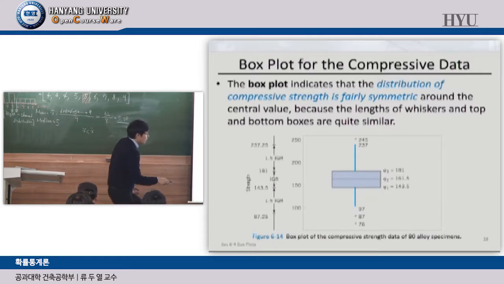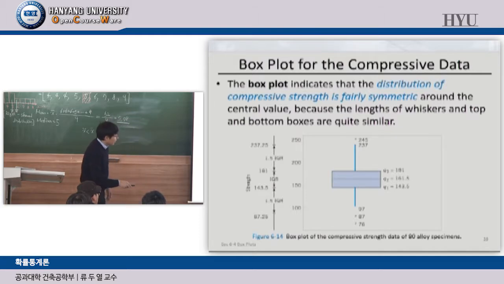So we can draw this box plot first. And as I mentioned previously, we can provide dots for the data beyond the range of 1.5 times interquartile range. So, based on the concept of the box plot, we can draw this diagram.